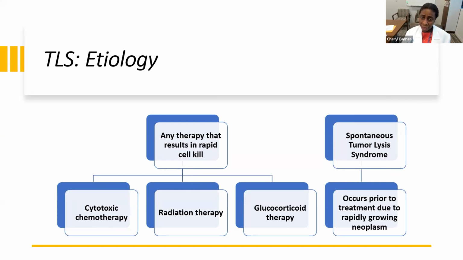So this is almost like an oxymoron: we want this to happen, but it can also be potentially life-threatening if the cells die too rapidly. Any therapy that results in rapid cell kill, whether that is chemotherapy, radiation, or glucocorticoid therapy, which is the hormone therapy, is exactly what we want to get rid of the cancer, but it can also have a negative impact by causing tumor lysis syndrome.